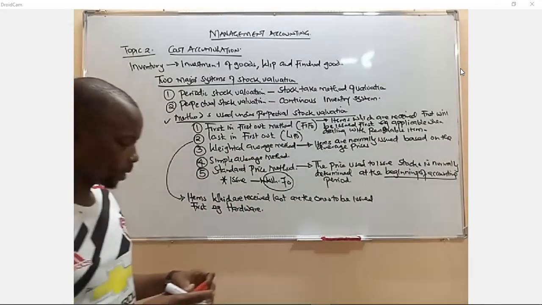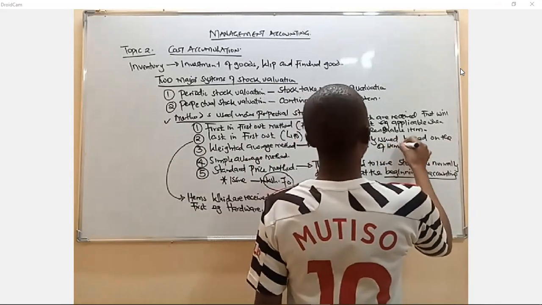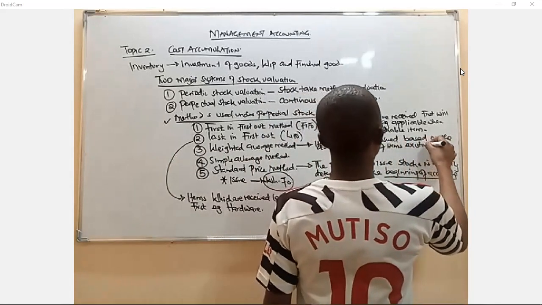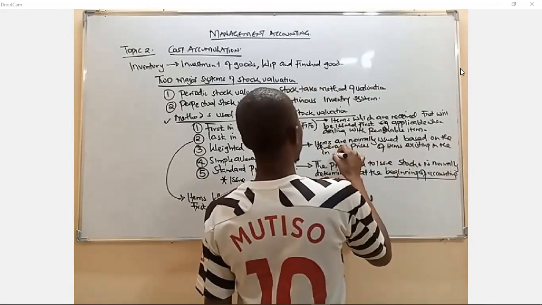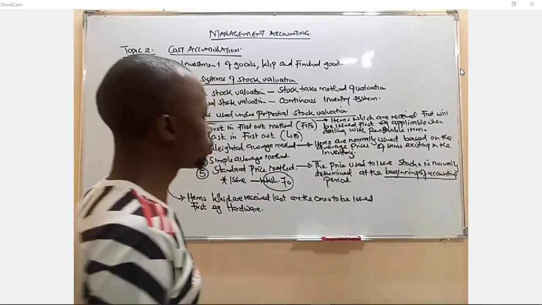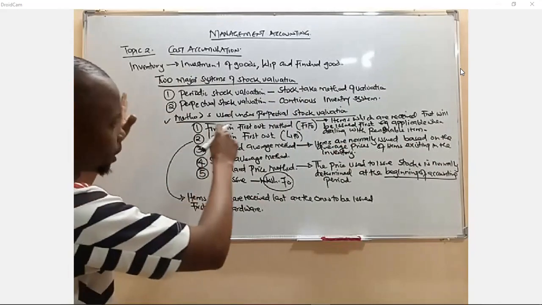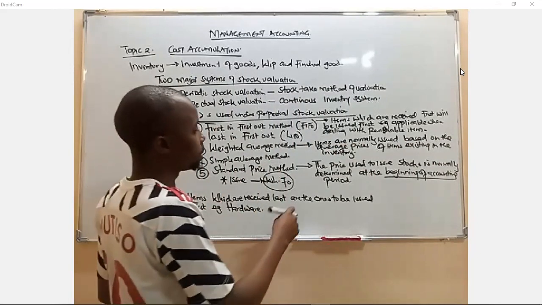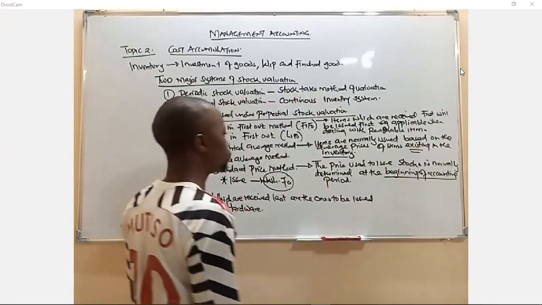Let me complete by putting it: prices of items existing in the inventory. So we are going to be calculating average prices. When I come up with what is called a ledger card, I will teach you how to calculate the average prices.